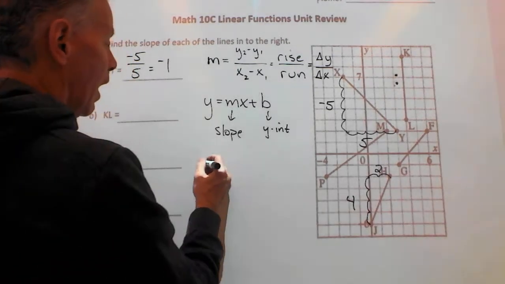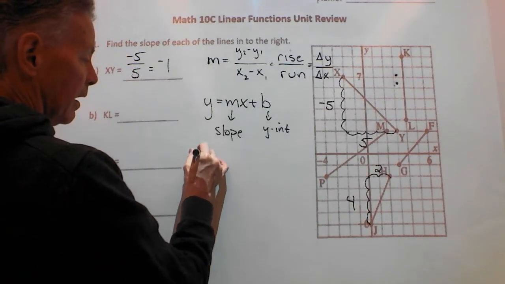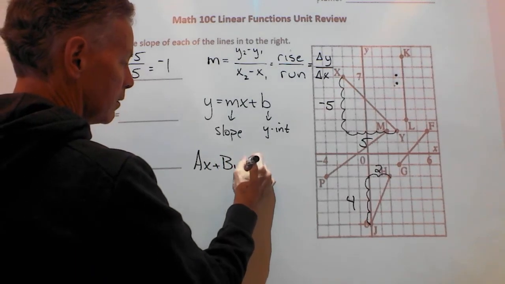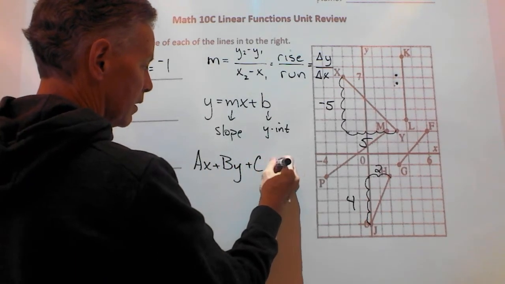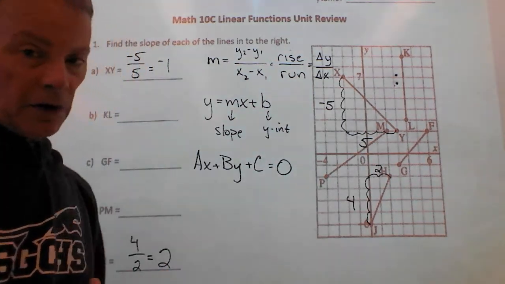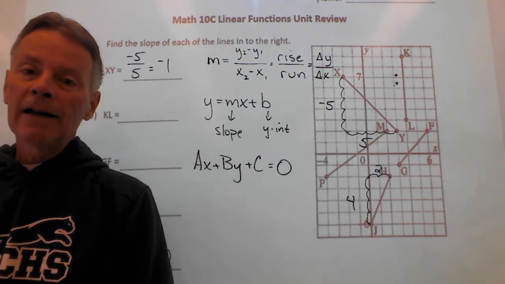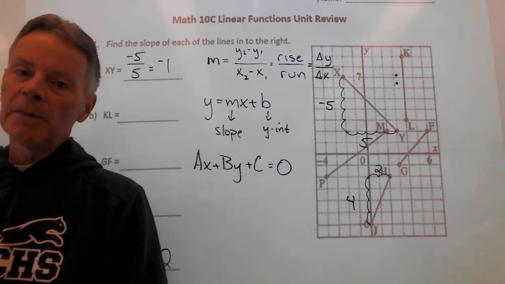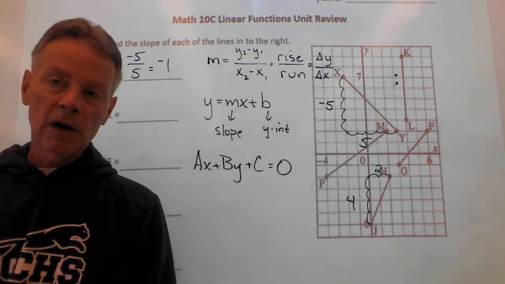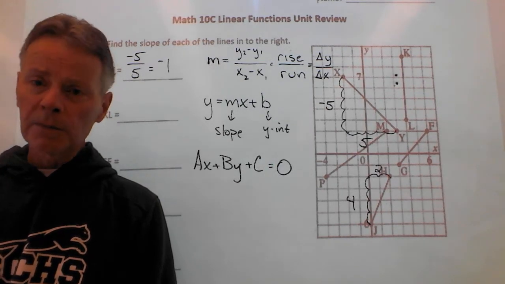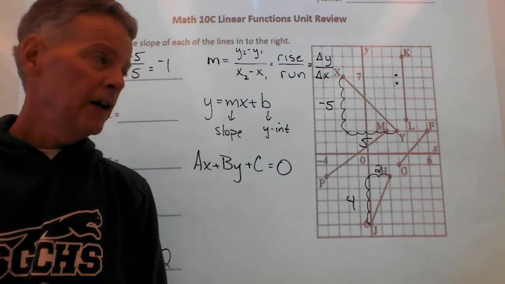Okay? Another form that we looked at, Ax plus By plus C equals 0. Remember, this is called general form. And general form, you learned in your lesson, I think it was 7.2 or maybe 7.3.